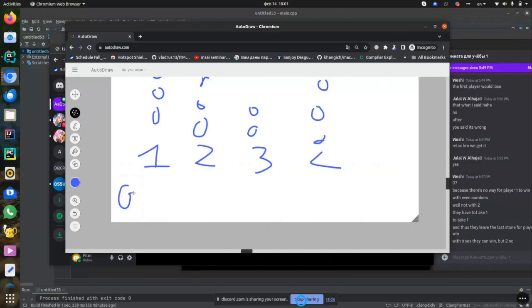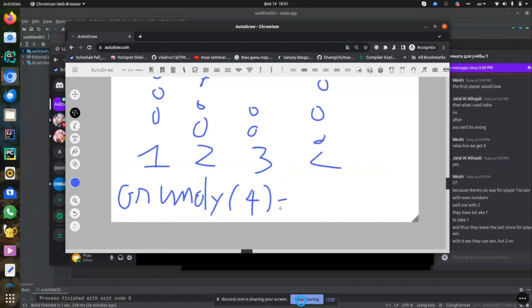Grundy of four is equal to the mex. We are using the theorem proved by Ramazan.